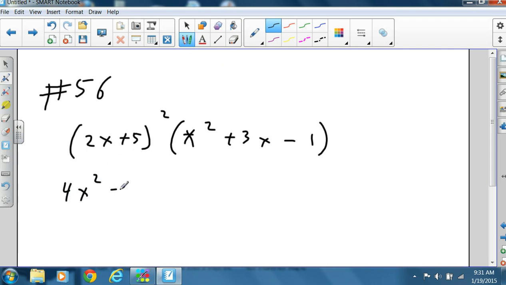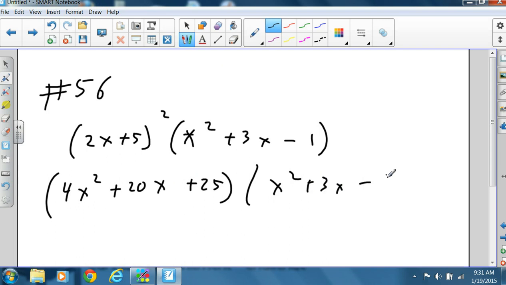4x squared plus 20x plus 25 times x squared plus 3x minus 1.